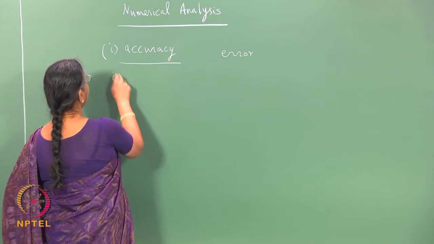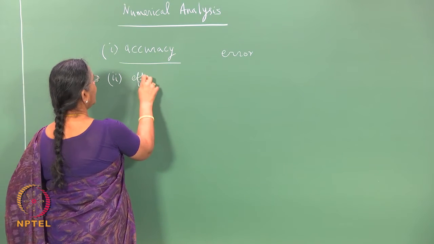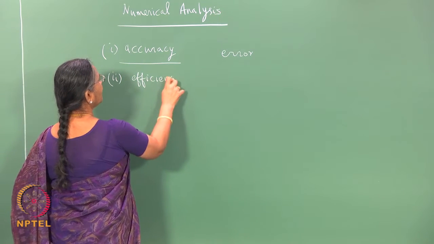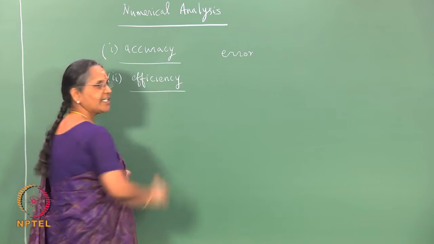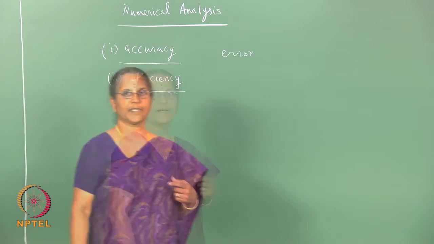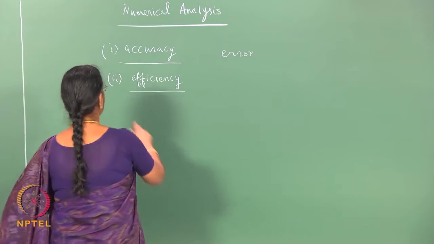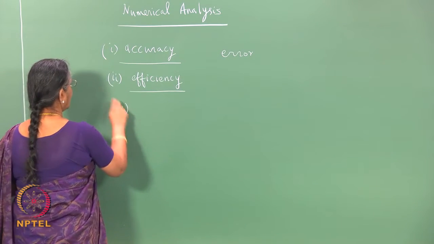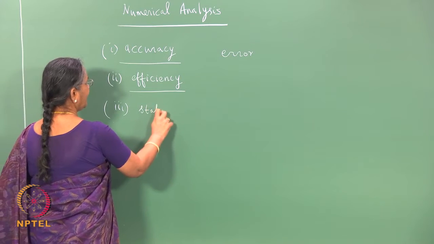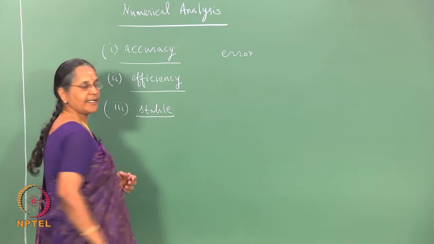And secondly, we will focus on the efficiency of the numerical algorithm that we have developed. And thirdly, we will also see if the method that is developed is a stable method.